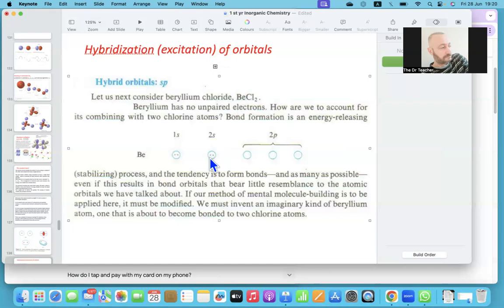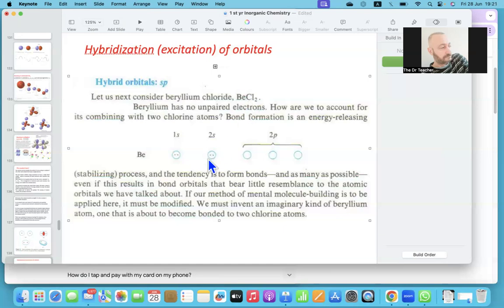If the beryllium is on its own, it is stable. But when chlorine approaches the beryllium, that will excite it and give energy to the beryllium. If we apply energy to break these two electrons into two singles, we will form two single electrons to pair with the two singles of the chlorine.